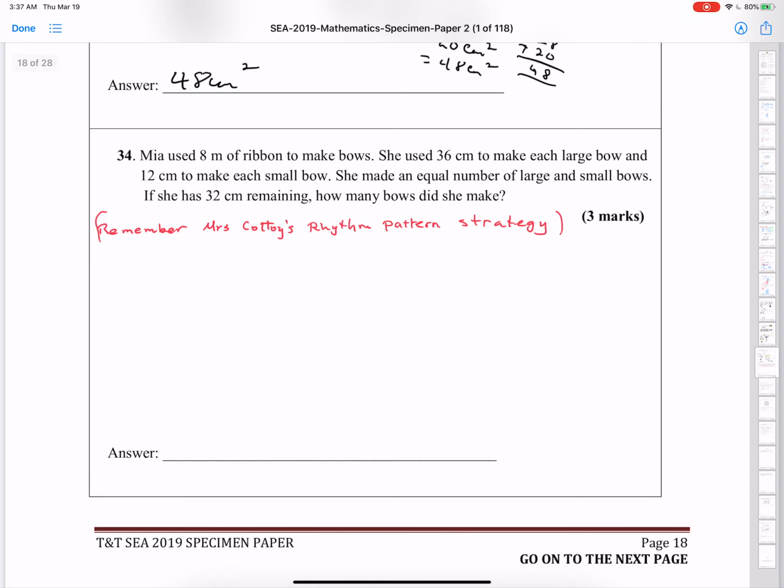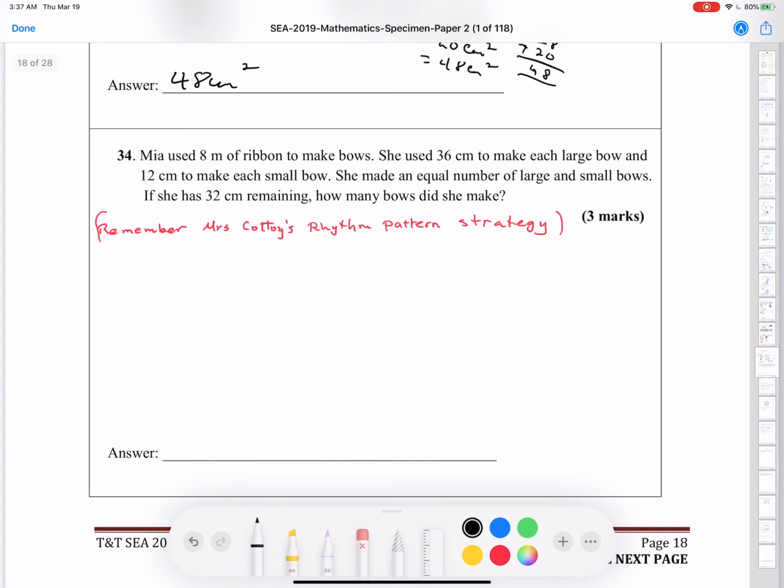We're dealing with meters and we're also dealing with centimeters. So the first thing I want to do is change this 8 meters to centimeters. 1 meter equals 100 centimeters. 8 meters equals 800 centimeters. So Maya used 800 centimeters of ribbon to make bows, and out of that 800, 36 for each large and 12 for each small.